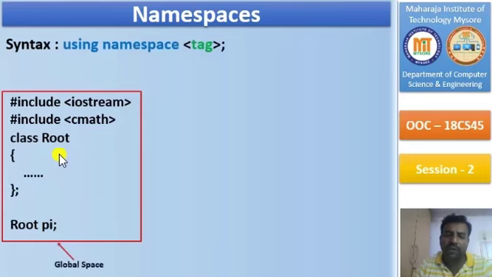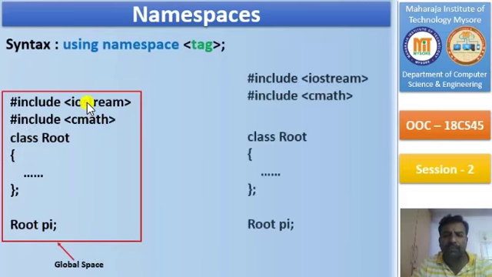We call this a global space because even my class has been exposed or included with the program. So this is going to be a global space, which exposes my class and my objects along with the included classes and names.